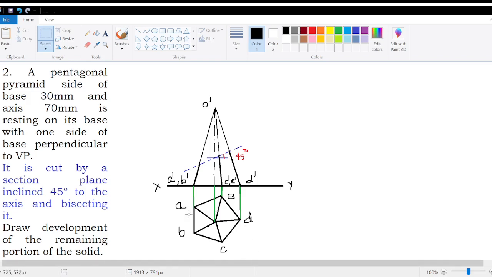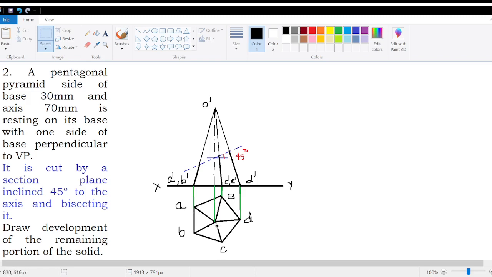In this case, I have made the side AB perpendicular to VP. VP in the sense we can take the XY line as a reference. So with respect to the XY line, AB is now perpendicular. Now the angle which BC or AE makes with the other one will be 108 degrees. That is how you have to draw a pentagon.